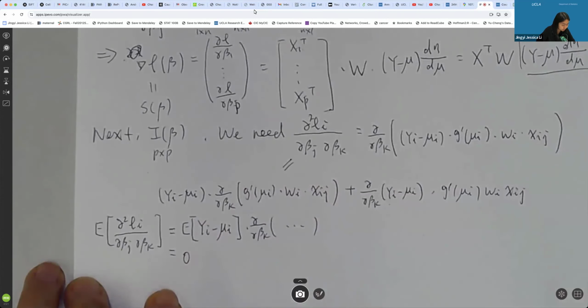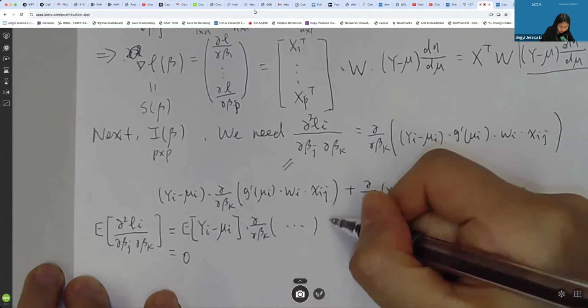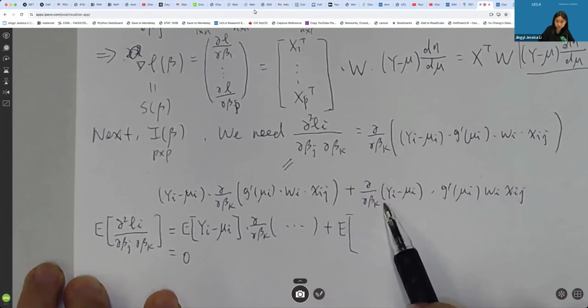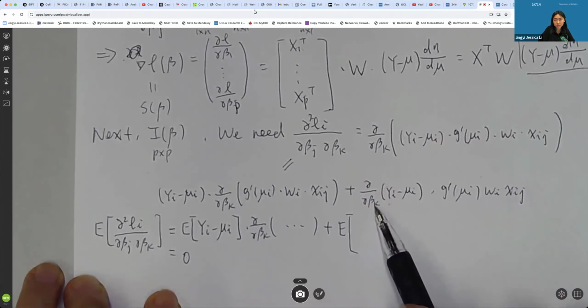Then I put expectation around the second term. Maybe we should do the differentiation first. Yi is gone, because yi has nothing to do with beta k.